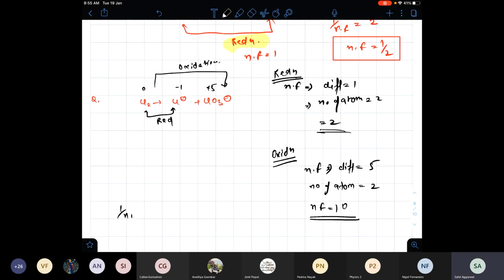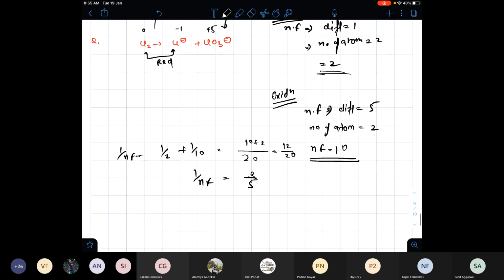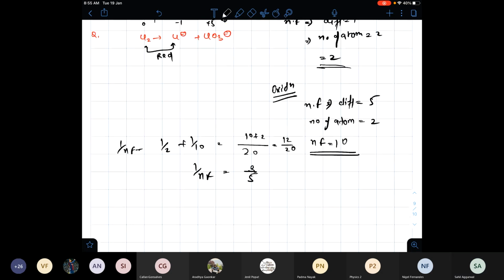Now 1 upon N factor is equal to 1 upon 2 plus 1 upon 10, which is 12 by 20, 3 by 5. N factor will be 5 by 3, equivalent mass 3m by 5.